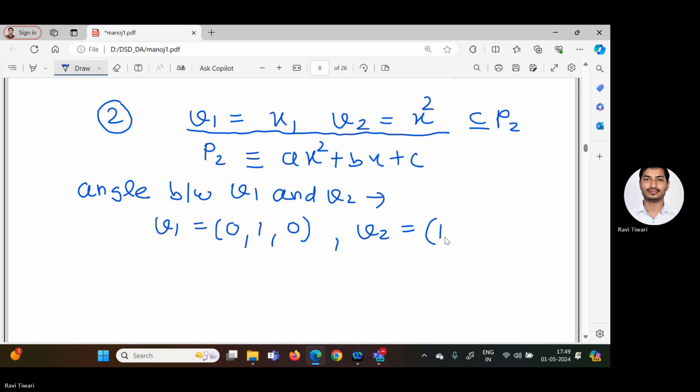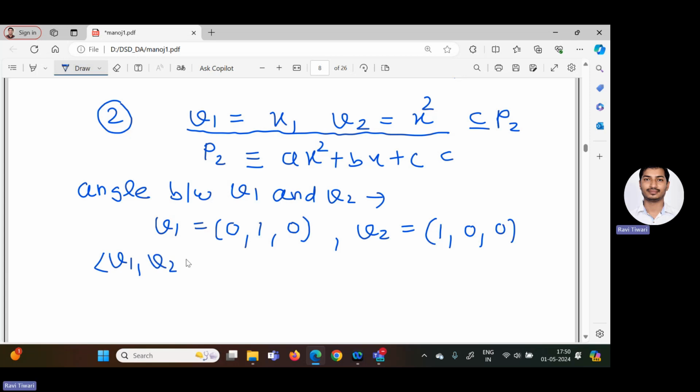We have functions like x squared, x cubed, whatever. So the coefficient of x is given here as 1, the coefficient of x squared is 0, and the coefficient of the constant is also 0.